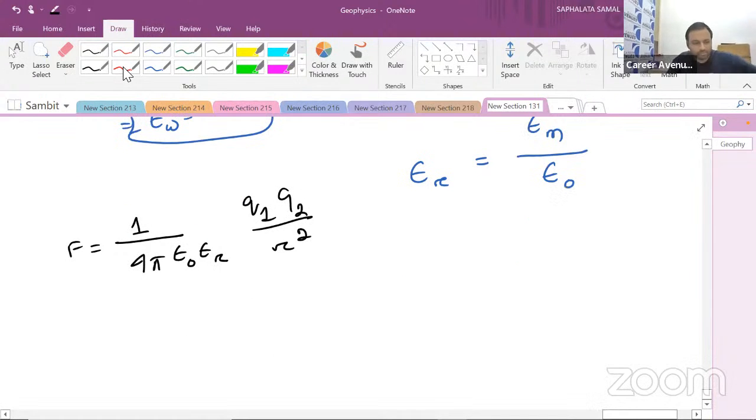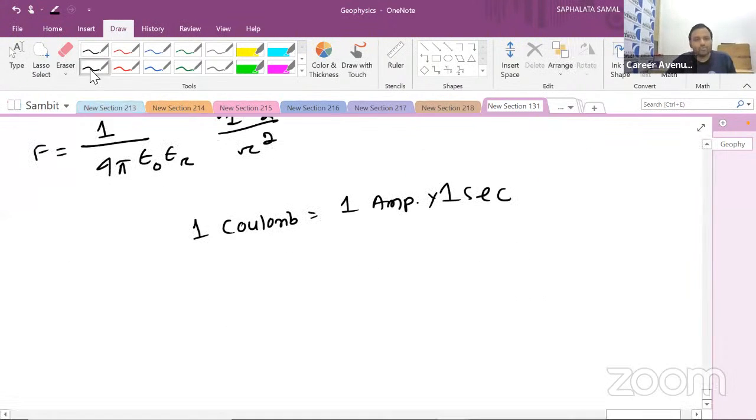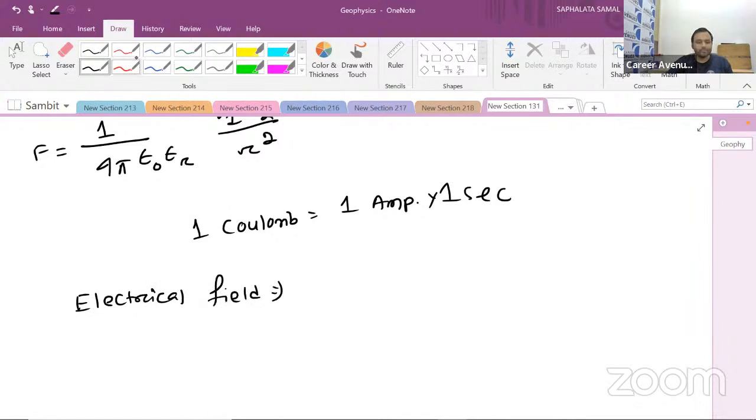Unit of Q is coulomb, and 1 coulomb is 1 ampere into 1 second, ampere second. Similarly, as we have the gravitational field, here we have the electrical field. The electrical field will be given by E is equal to 1 by 4 pi epsilon naught Q by R square.